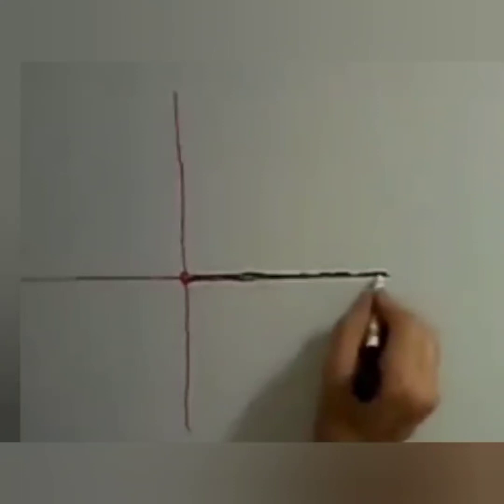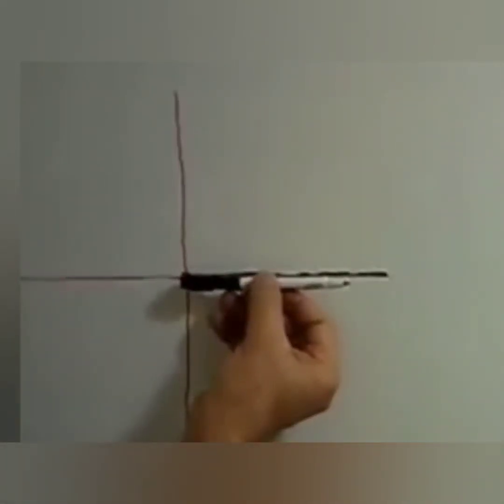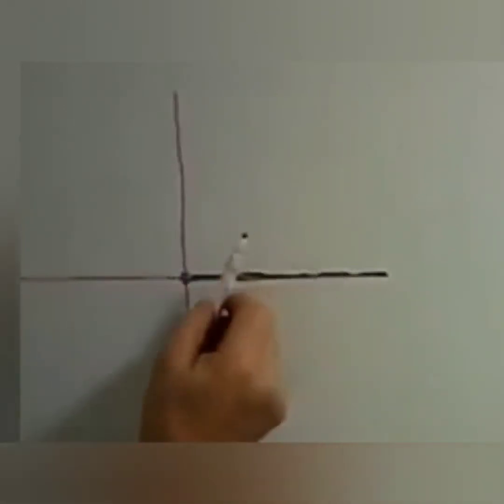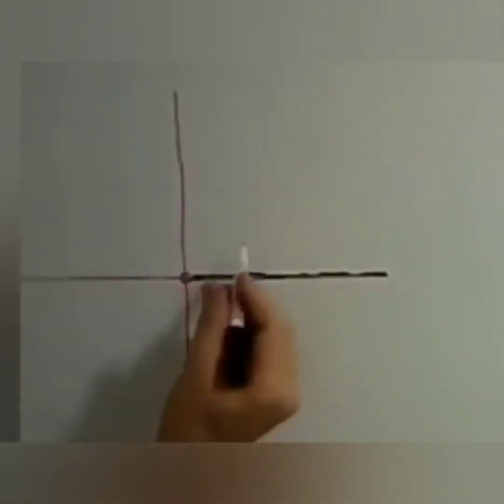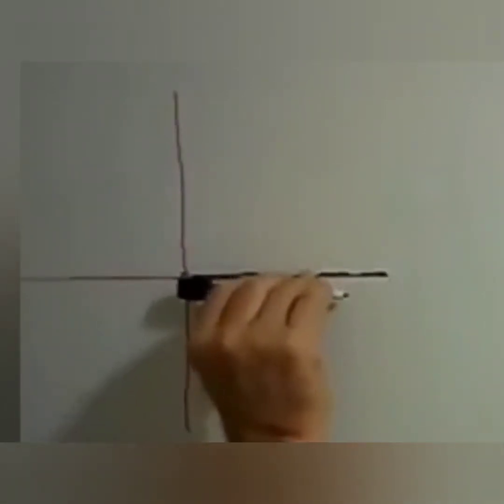So this is the initial side for the angle. After that you start to move the terminal side in the positive direction, anti-clockwise, or in the direction of clockwise if it is negative.